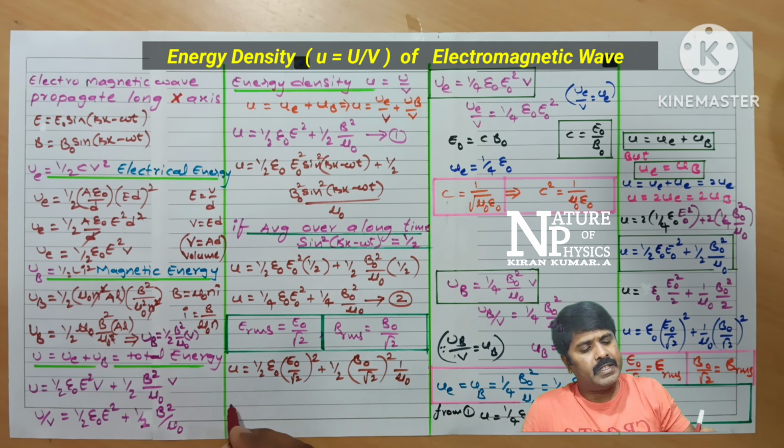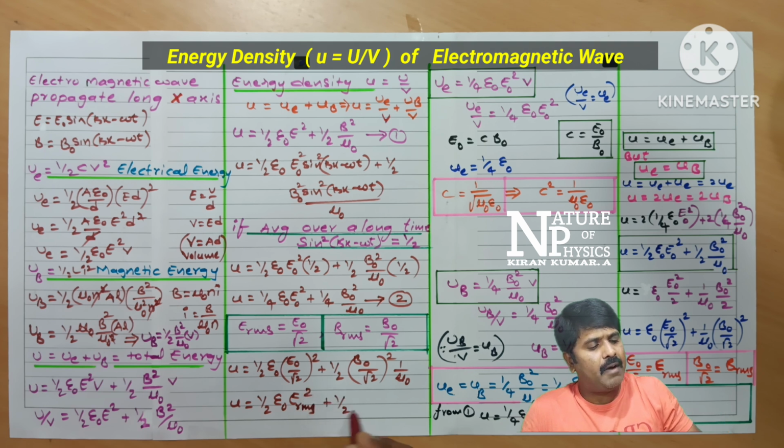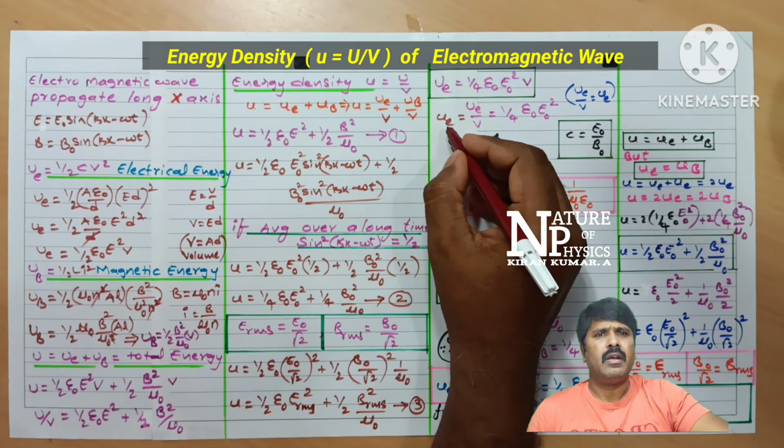Replacing the values we get U is equal to half epsilon naught E RMS whole square plus half into B RMS whole square divided by mu naught. This is equation number 3, students.